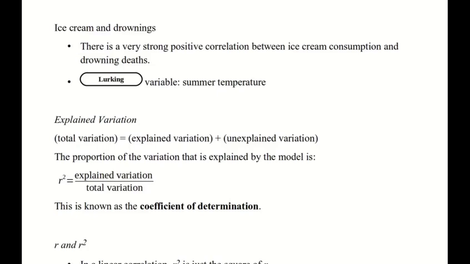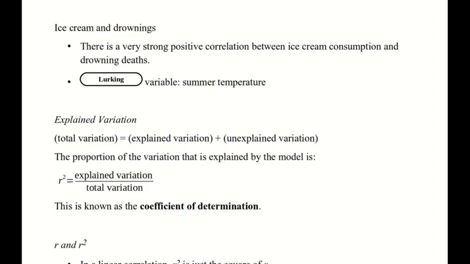Explained variation can also be found from our calculator. The total variation, that is, all those differences between the linear model and the data itself, can be broken into two parts. That is, the explained variation and the unexplained variation. The unexplained variation could come from other factors, but the explained variation is from the model.